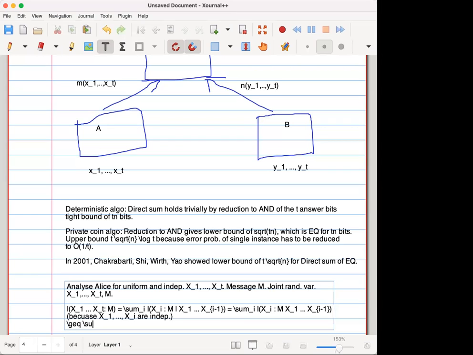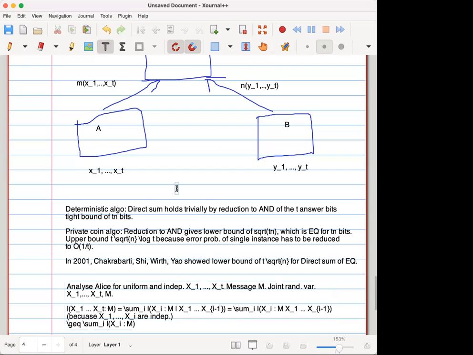So this is greater than or equal to the sum of I, where you trace out x1 to xi minus 1. So this is greater than or equal to the sum of the mutual information between xi and M. And of course, let us say Alice's message is A bits.